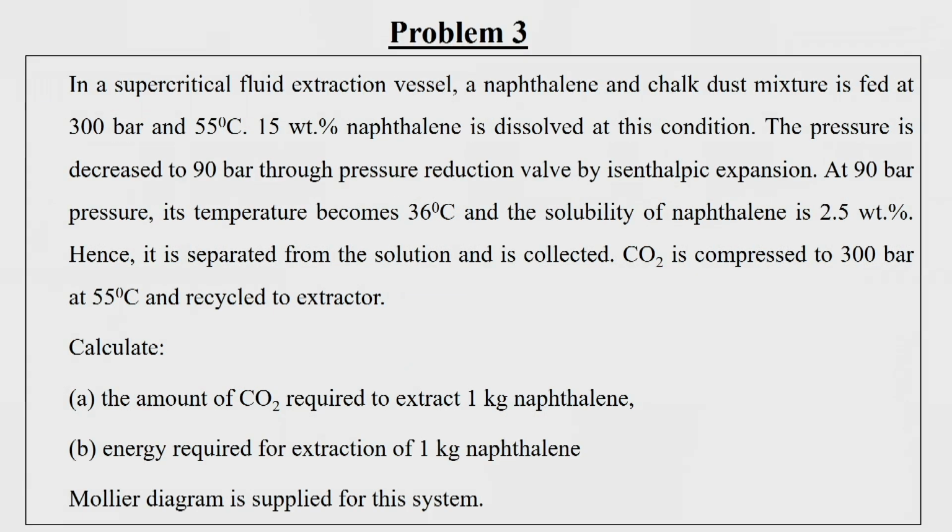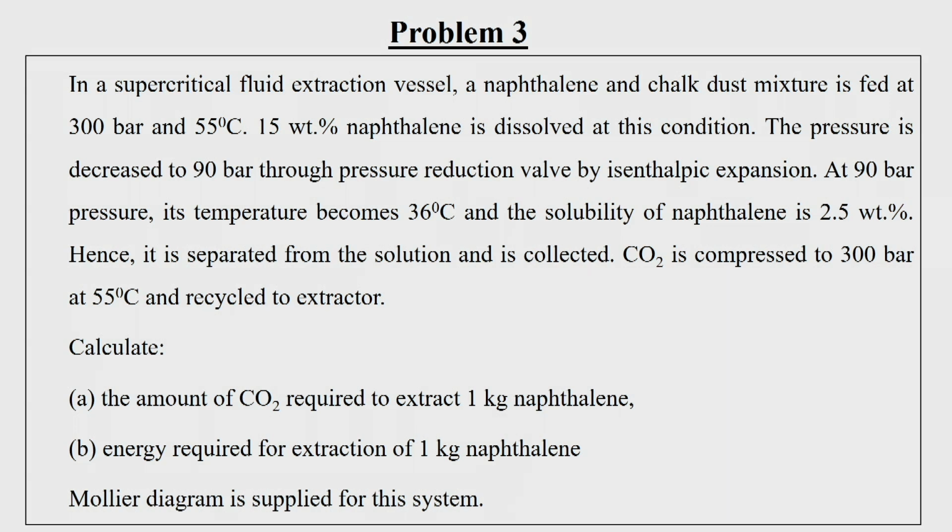Okay. Now, we will be solving one problem on supercritical fluid extraction. This is a very simple problem. In a supercritical fluid extraction vessel, a naphthalene and chalk dust mixture is fed at 300 bar and 55 degree Celsius. So, 15% naphthalene is dissolved at this condition. Okay.